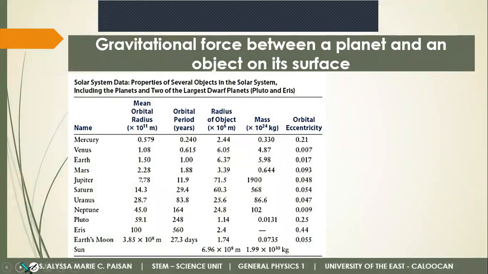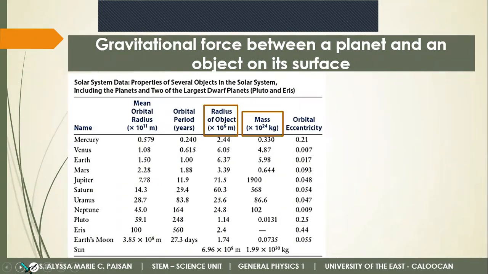Ayan, let's go back here again and then let's have the gravitational force between a planet and an object on its surface naman. Okay, kasi meron ding gravitational attraction ang isang bagay na nasa surface ng isang planeta at yung planeta mismo. Okay, here, instead of using the mean orbital radius, we're going to use the radius of the object and syempre yung mass pa rin ng planeta. Okay?